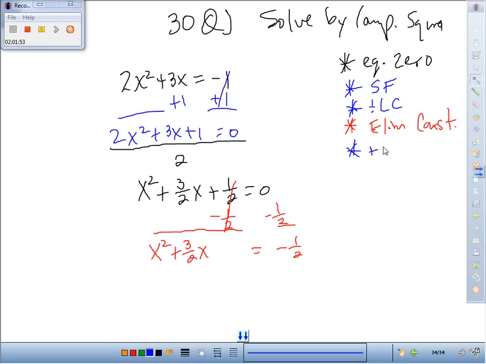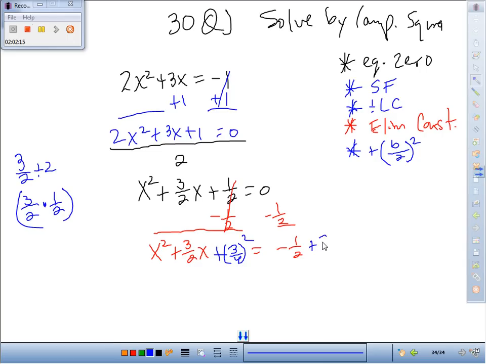Step 4, add b over 2 squared. So what is b? 3/2 divided by 2, that means 3/2 times 1/2. That gives us what? Plus 3 over 4 squared. Plus 3 over 4 squared.